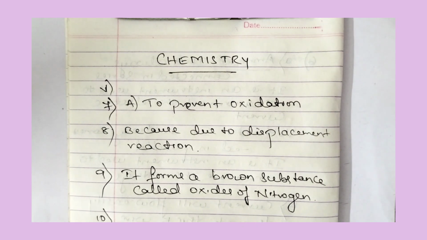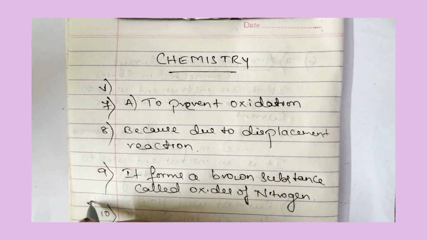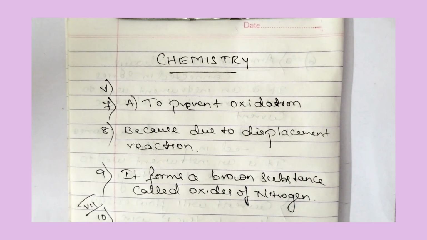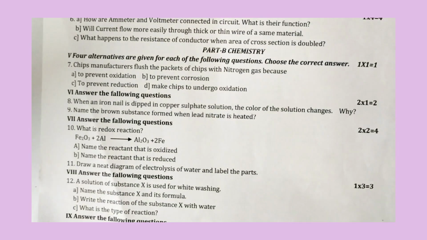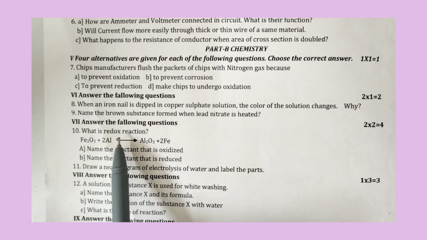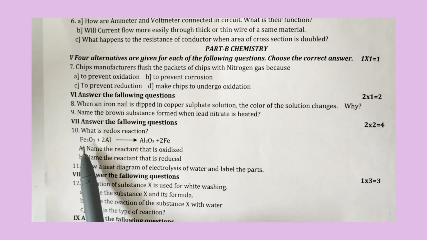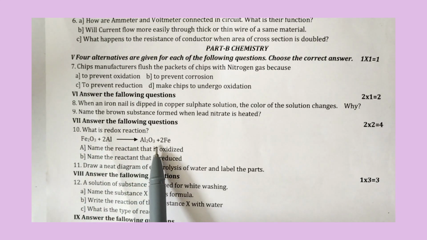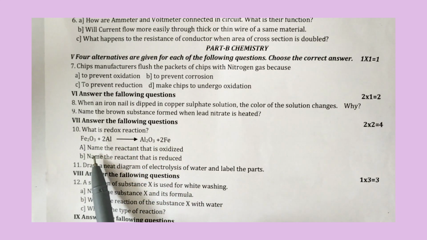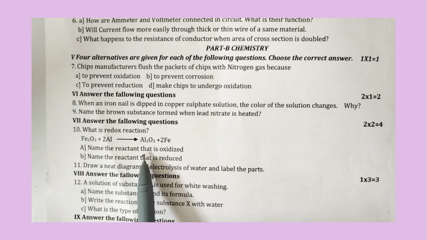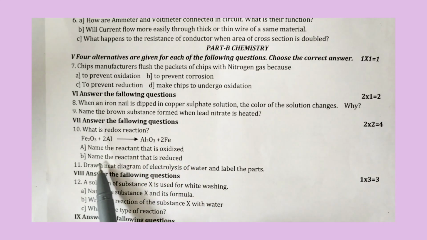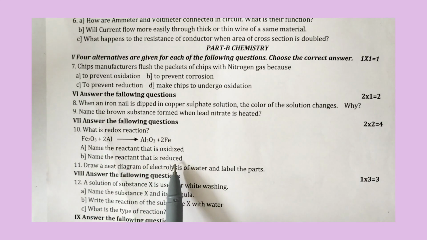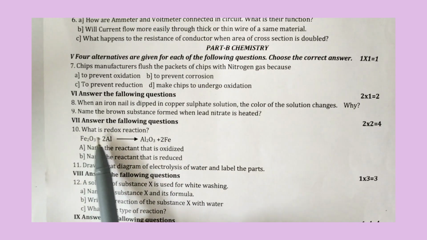Now let us move to question number 10, that is the 7th one. So what is a redox reaction? Fe2O3 plus 2Al gives Al2O3 plus 2Fe. Name the reactant that is oxidized and name the reactant that is reduced. First let us answer what is a redox reaction.